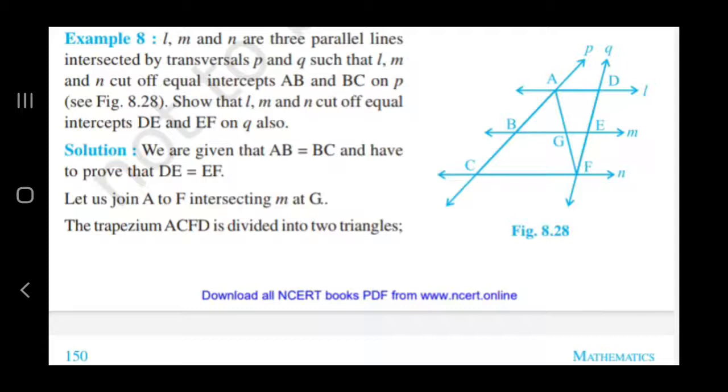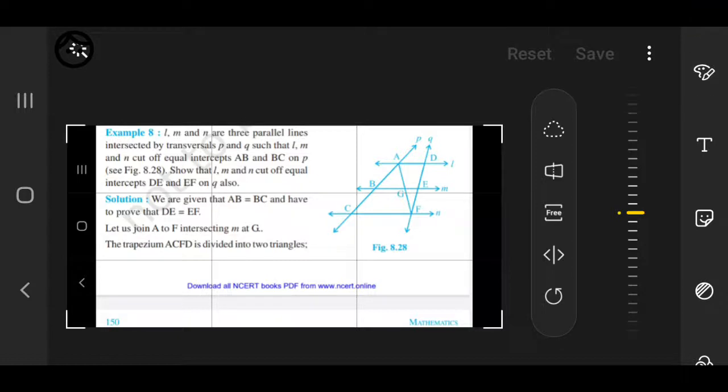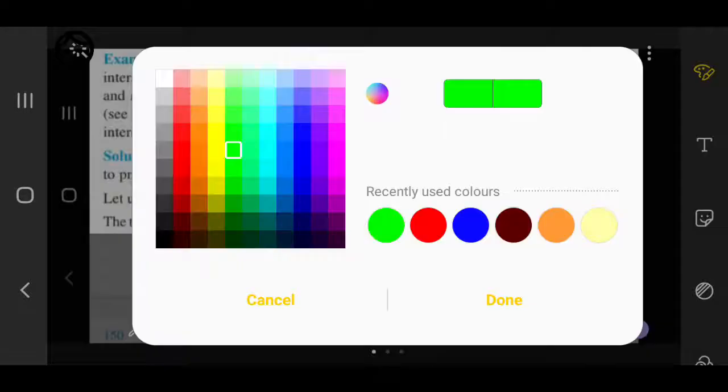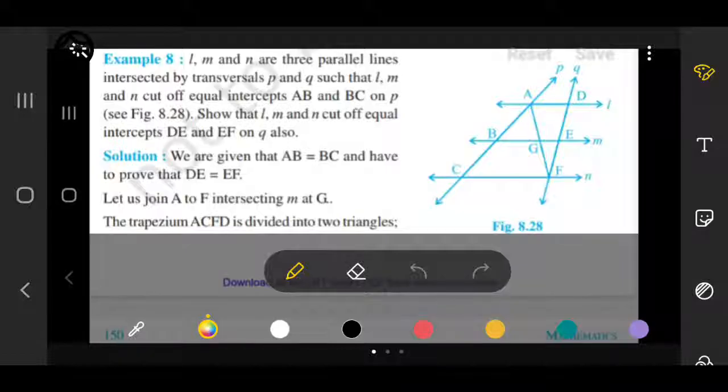Equal intercepts means AB equals BC. That means these three parallel lines divide the transversal P into equal parts AB and BC.